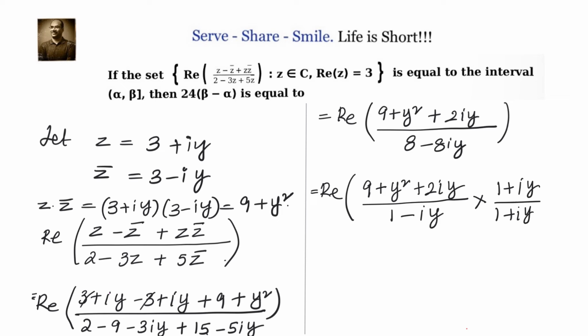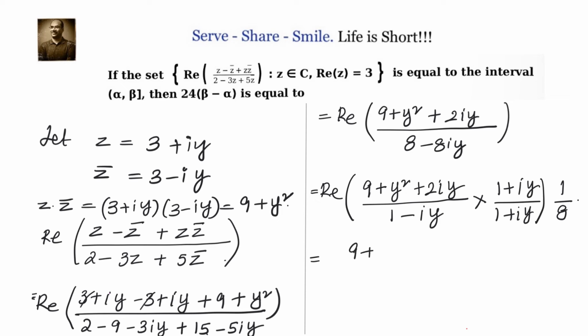Now from here let us take only the real part. What will the real part be? That will be (9 plus y square) into 1, and 2iy into iy, that is minus 2y square, and in the denominator we get 1 plus y square.